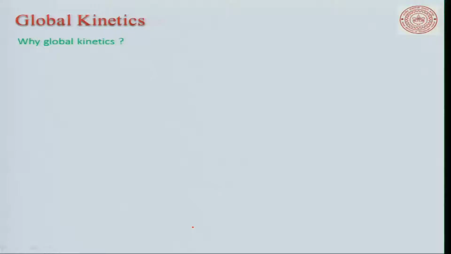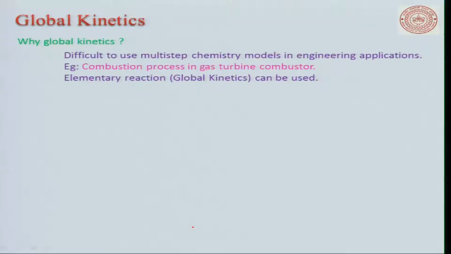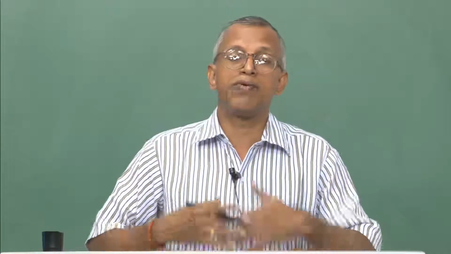In practical situations, it is difficult to use multi-step chemistry models in engineering applications, for example, the combustion process in a gas turbine, in rocket engines, or any other engine, even in an internal combustion engine. It is quite difficult because of the several species which will be participating.